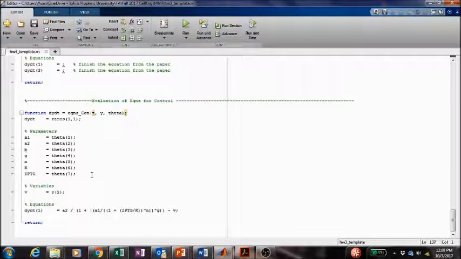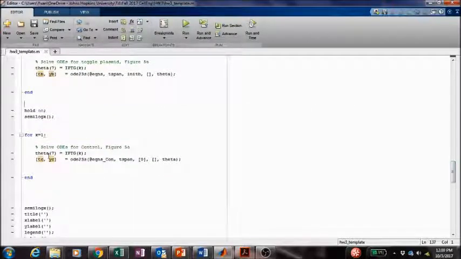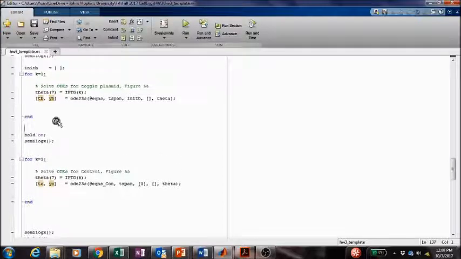But everything should be given to you already, and you just need to run the ODE solver. So again, he didn't put this in for you, but you do need an initial condition for this. Oh wait, actually you don't, because the initial condition is already given in here for you, which is 0.